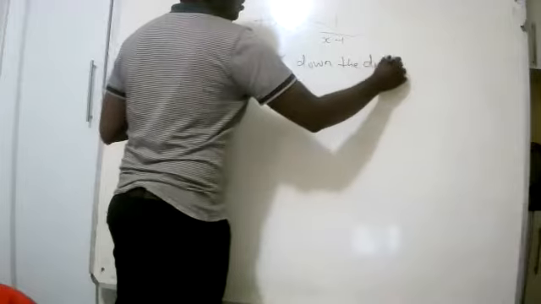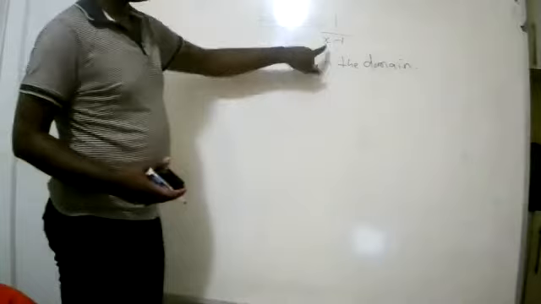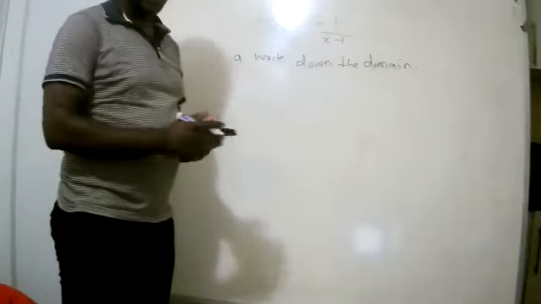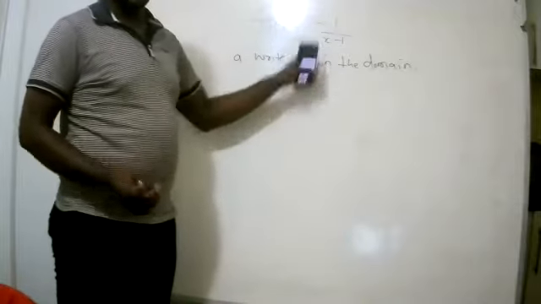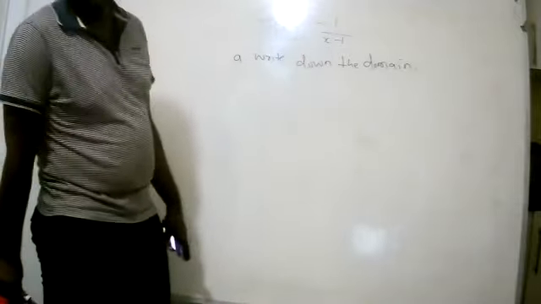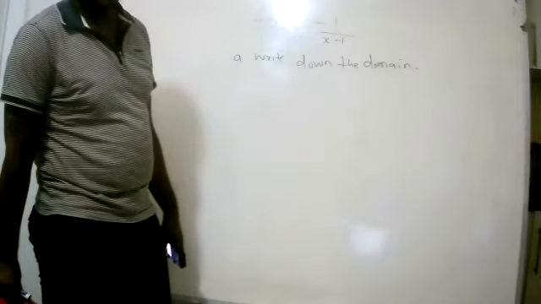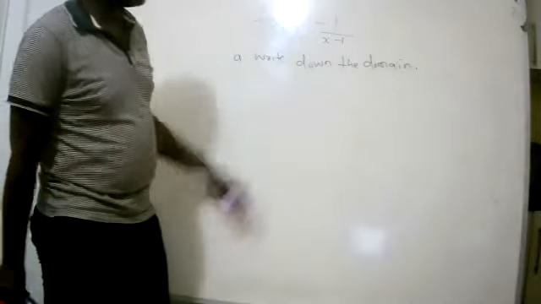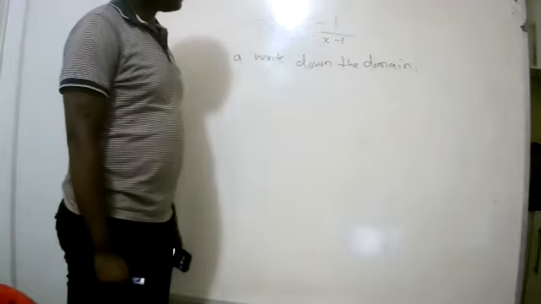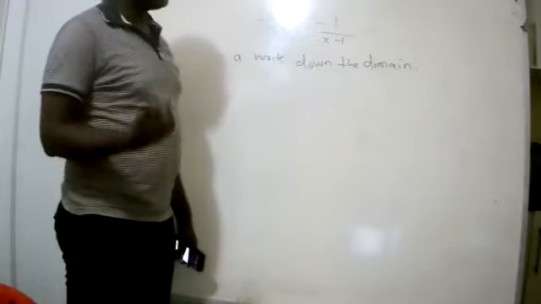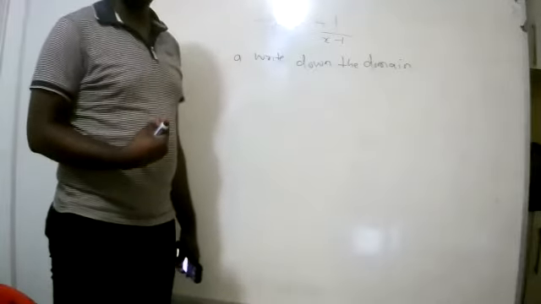We are given a function f, which is equal to -1 over x minus 1. Can any one of you tell me what kind of function that is? Which function is this one? Is it parabola, straight line, hyperbola, exponential, or logarithm?